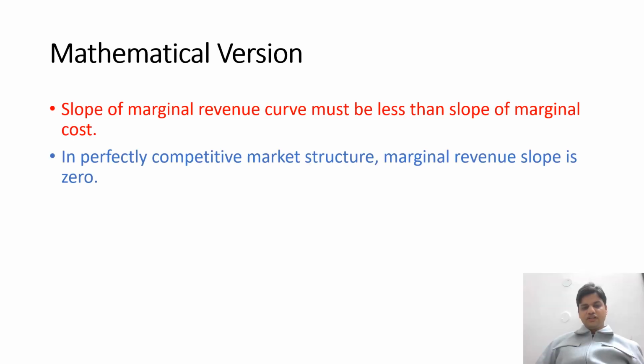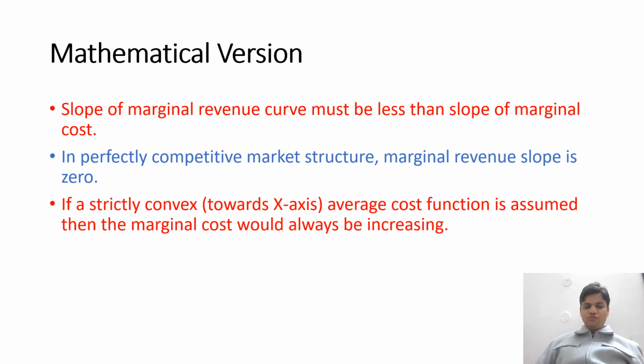Now, coming further, in perfectly competitive market structure, the marginal revenue slope is equal to 0 because the marginal revenue is just plotted as a horizontal straight line. So obviously the slope is 0.